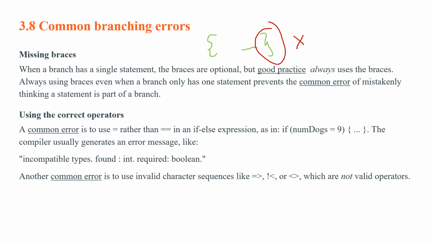Another is using the correct operators. The equality operator, as I have explained before, is a double equal to, not a single equal to. If you use a single equal to instead of a double equal to, it is definitely an error, and this error pops up when you compile the program.